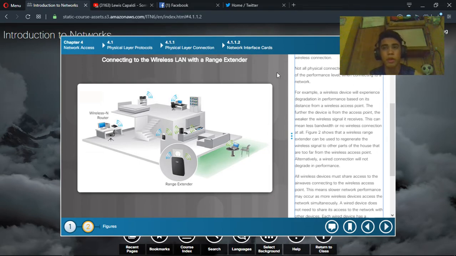Then the range does not reach inside the bedroom, so I am going to put a range extender so that the wireless connectivity will be able to fill my room. What I've said is the wireless connectivity will reach my room if I have a range extender.